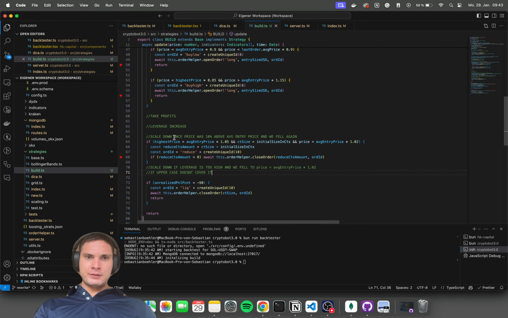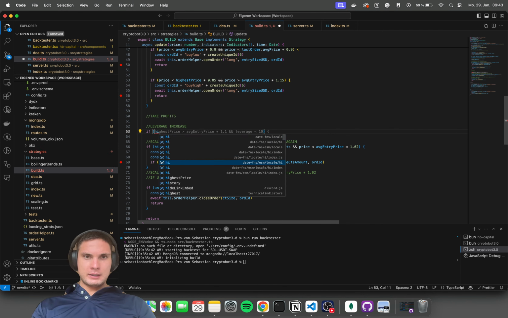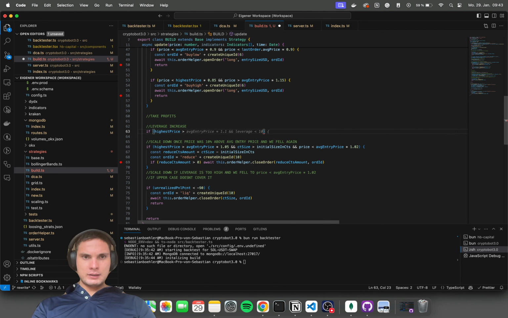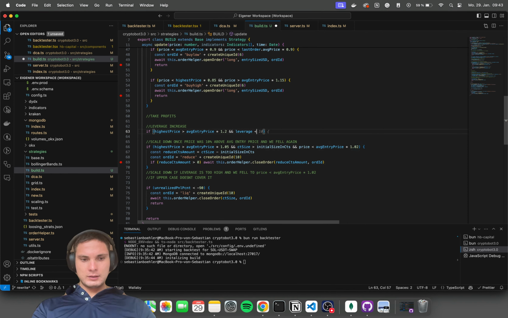If we only increase the leverage above 5% price, highest price. So let's say here if highest price equals average entry price times 20% or something, and leverage not more than, I don't know, 40x.